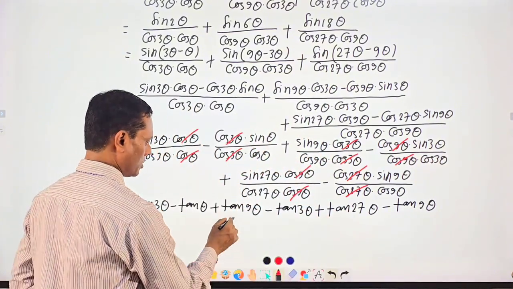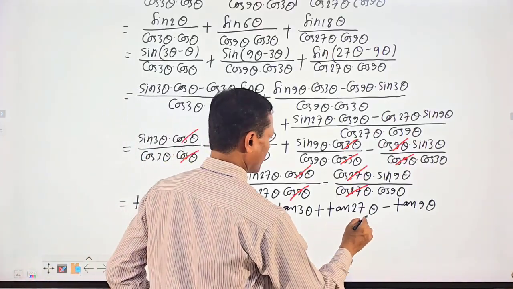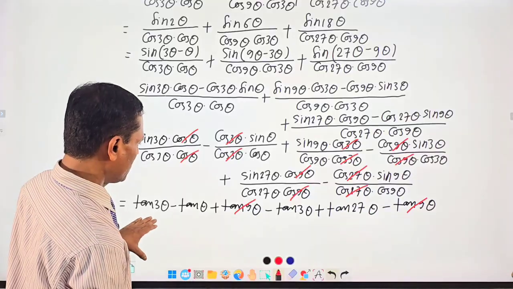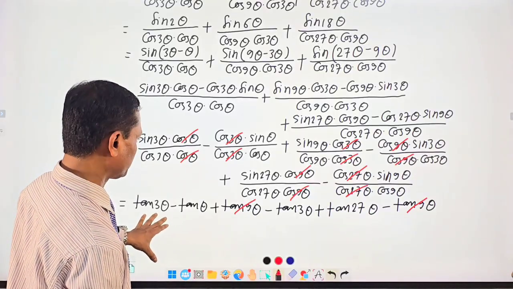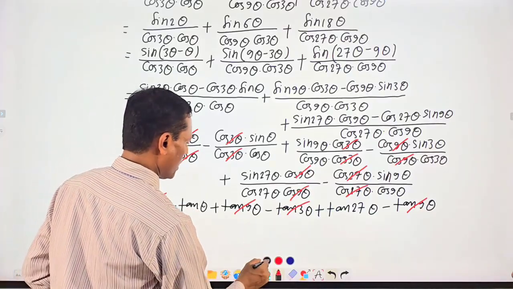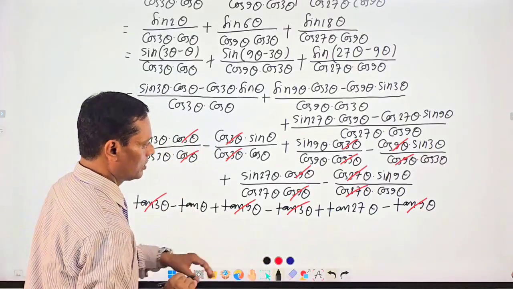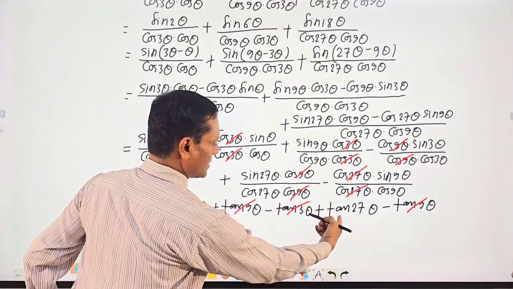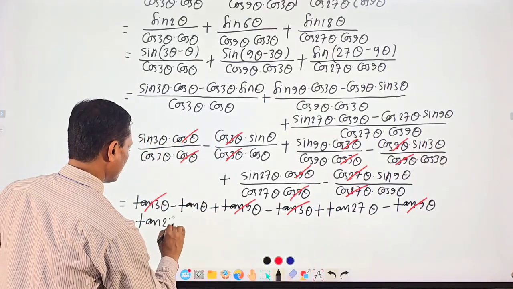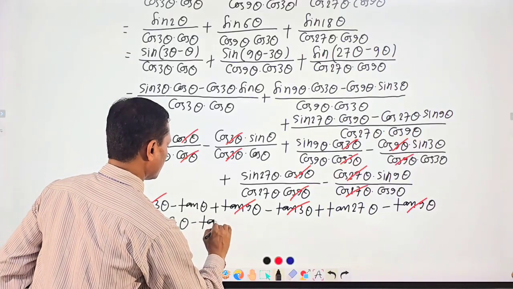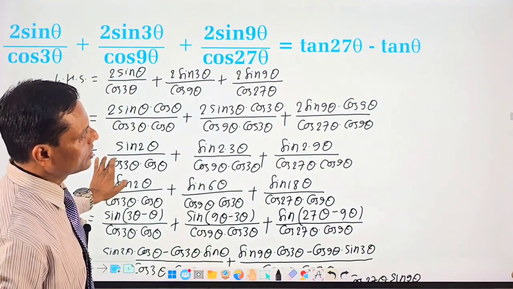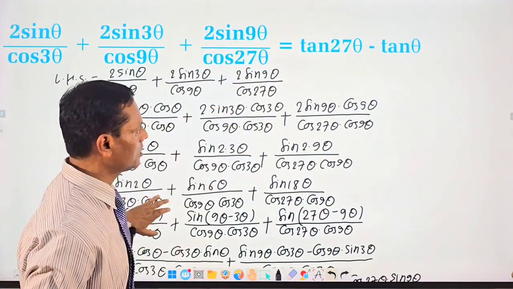No, not up and down, plus and minus. So we can cut plus 9 theta minus 9 theta, we can cut, isn't it? And we can cut here tan 3 theta, this also we can cut, right? And the remaining part we have here tan 27 theta minus tan theta, and see the right hand side, tan 27 theta minus tan theta we have got.